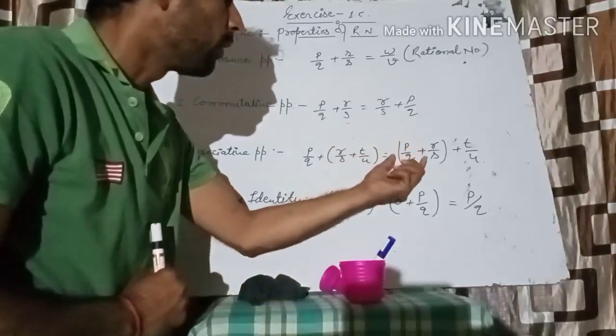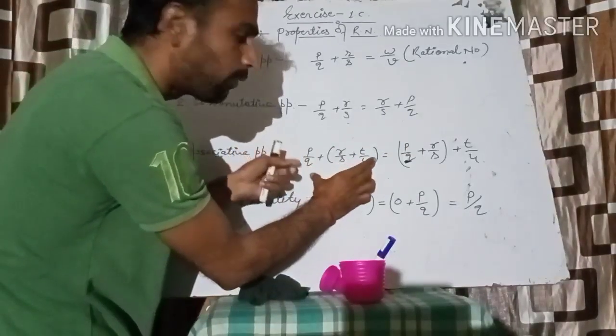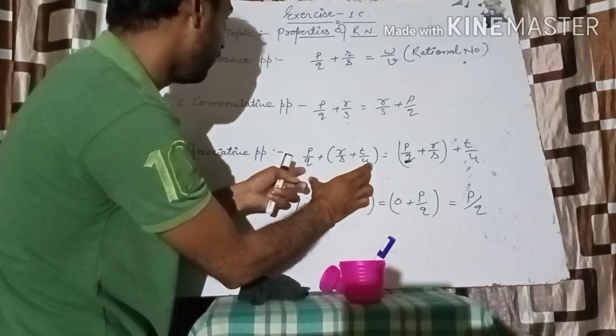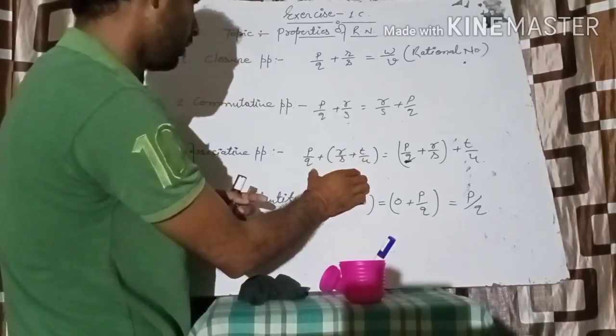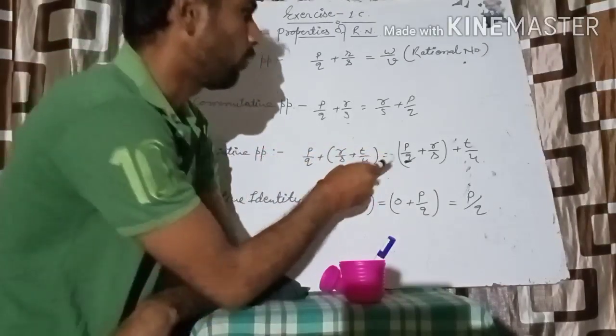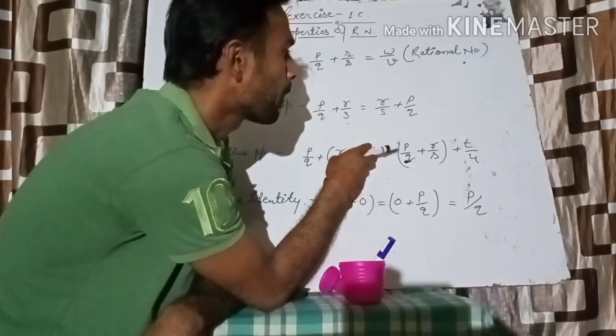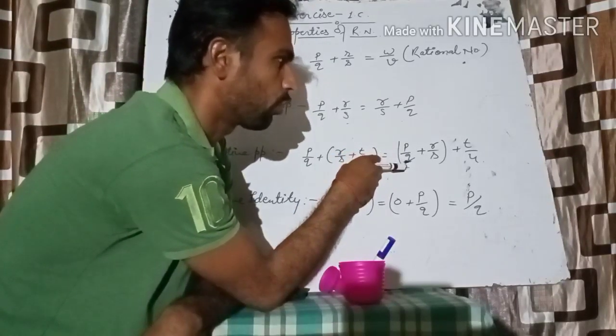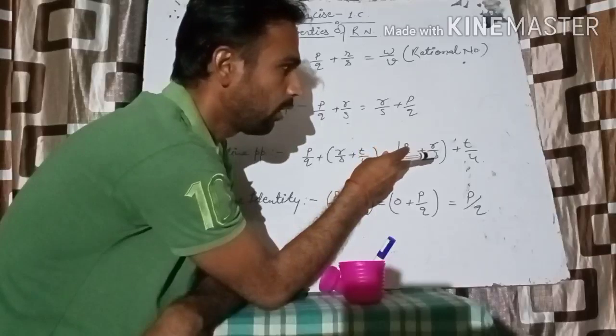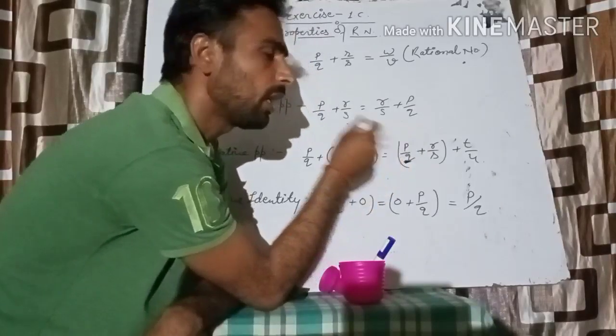Now we will regroup these rational numbers and write it in this manner: bracket p upon q plus r upon s bracket close plus t upon u.